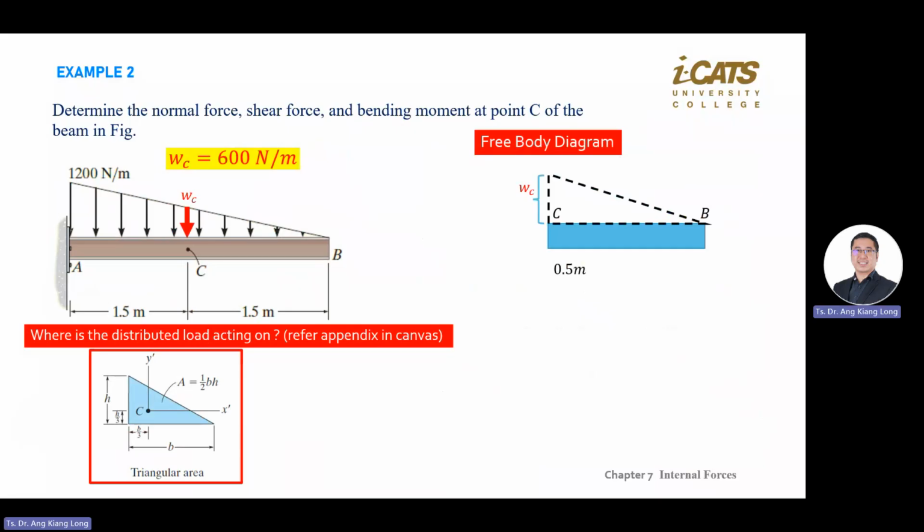Area is the triangular area, half base multiplied by the height of the triangular. Then x prime, y prime means the center of focus. This is from the appendix. If this kind of question comes out, we'll surely give you one. We don't expect you to memorize.